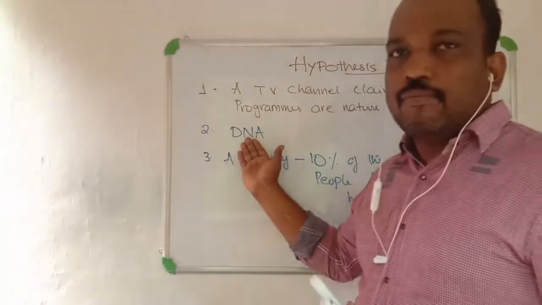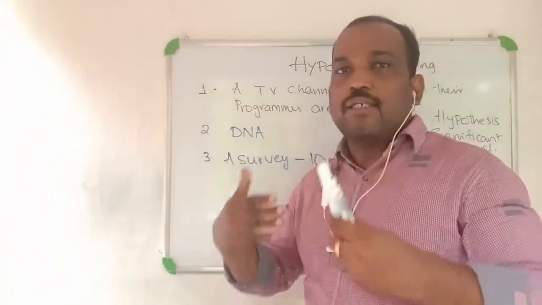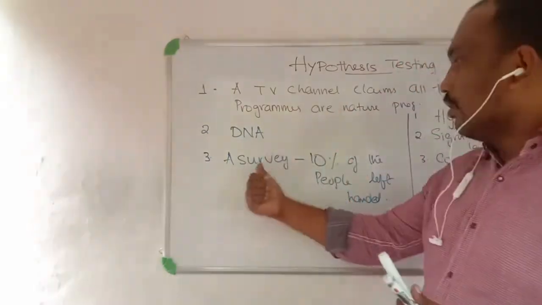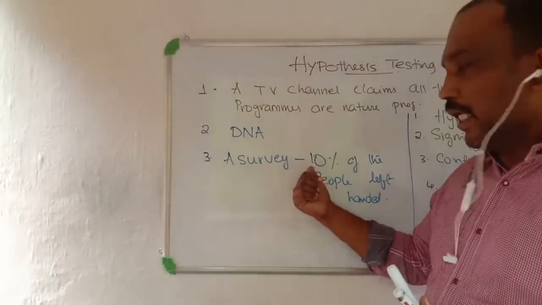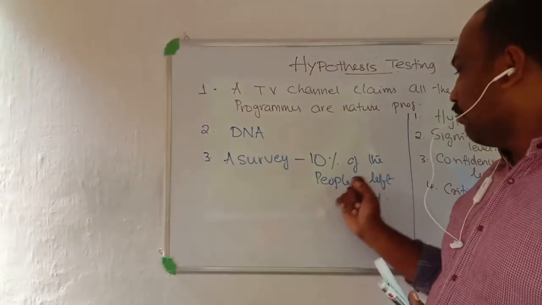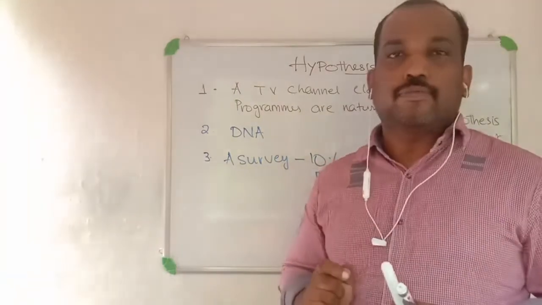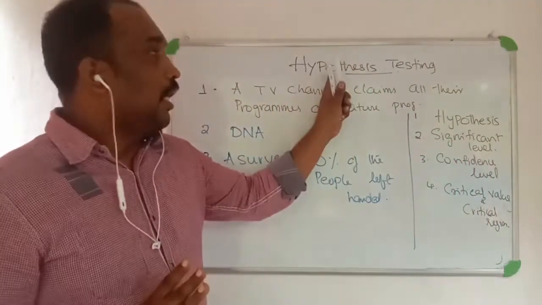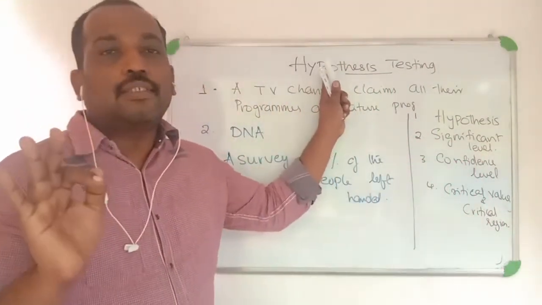It's also a claim to test whether the result is right or wrong. The third example is also a claim that 10% of the people are left-handed. So, a hypothesis is a claim.